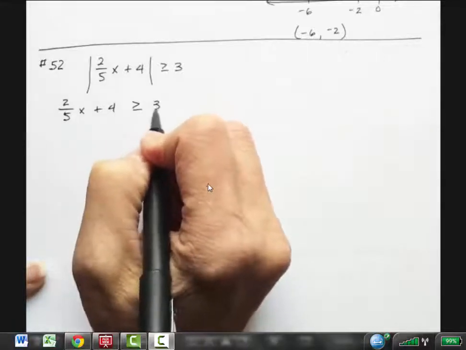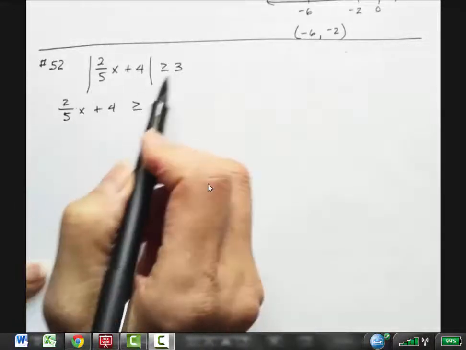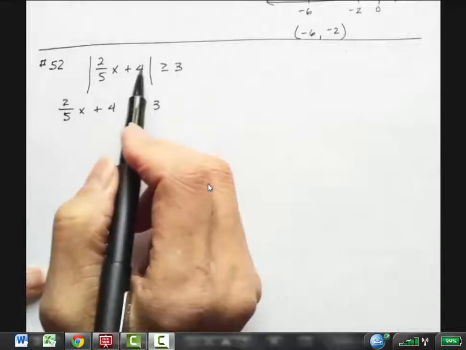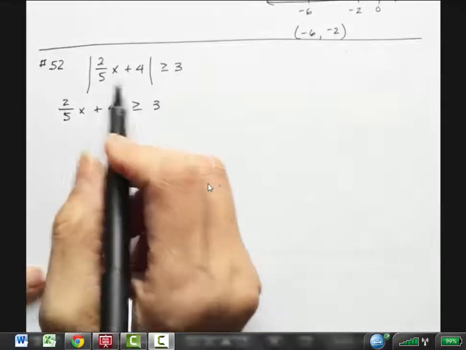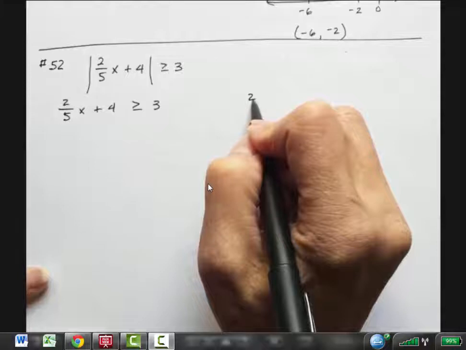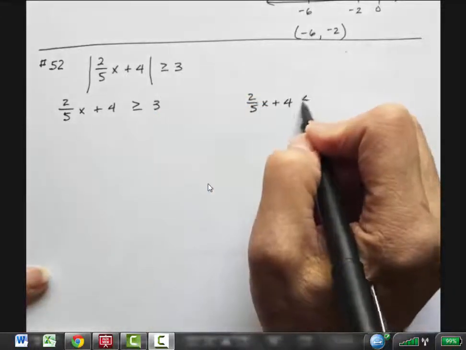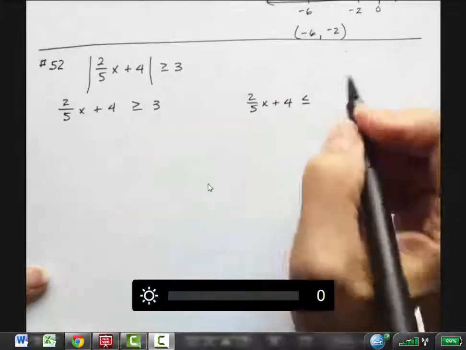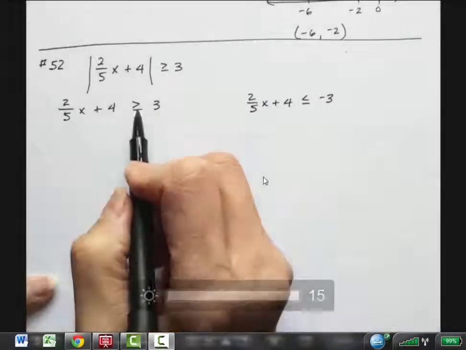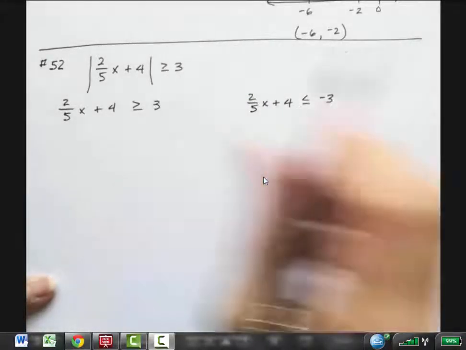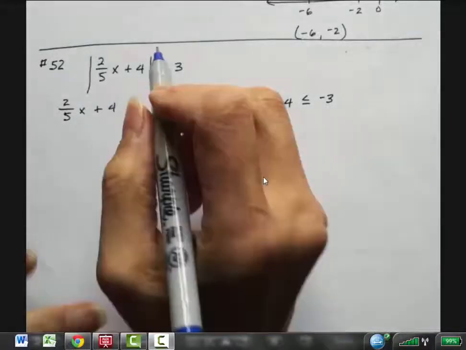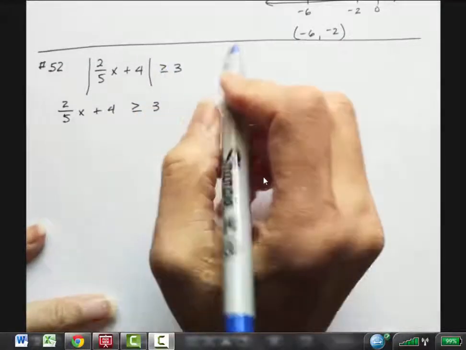So the first inequality is always the same as the one that you started off with, without the absolute value signs. And then the second inequality is going to be 2/5 x plus 4. I'm going to switch my inequality sign, and I'm going to switch my 3 to a negative 3. Then I'm going to look at the inequality sign that I started off with, and that inequality is a greater than or equal to.